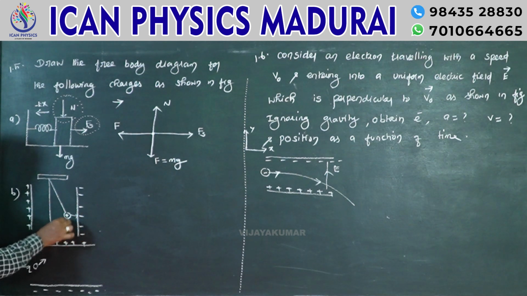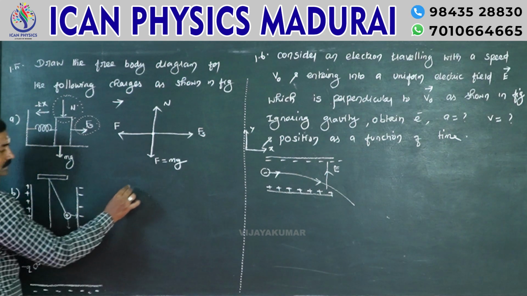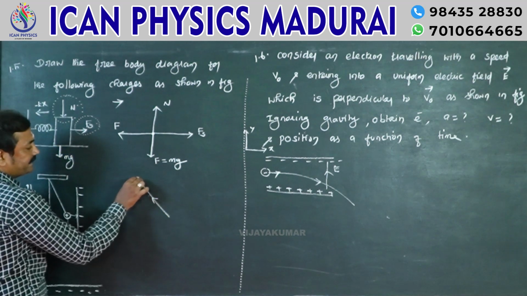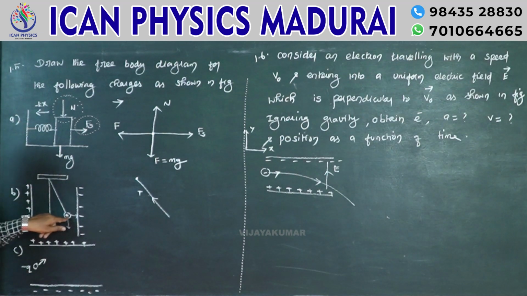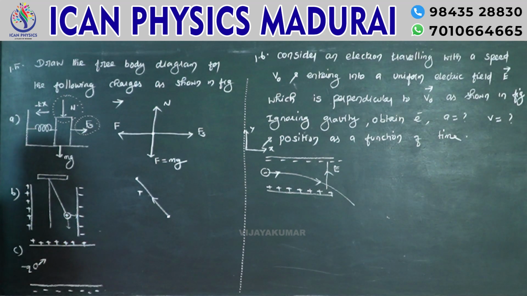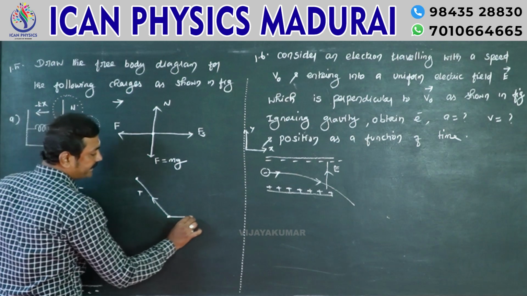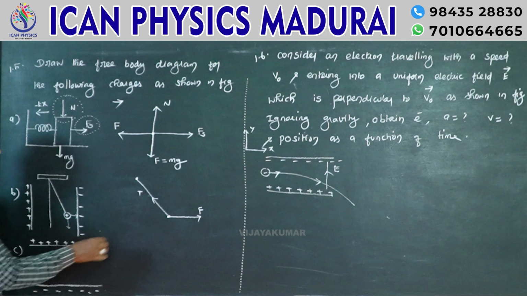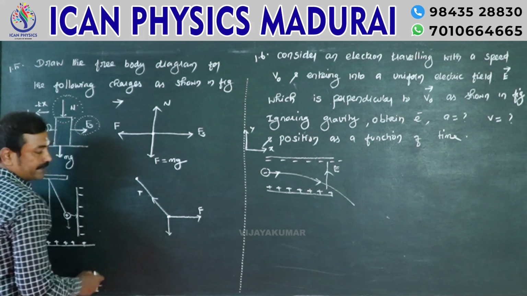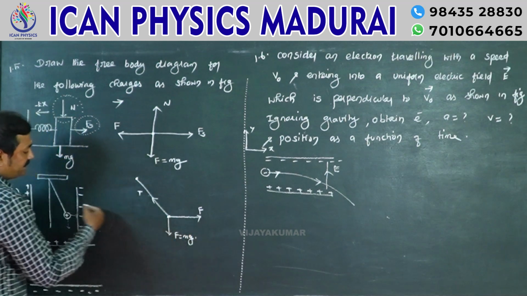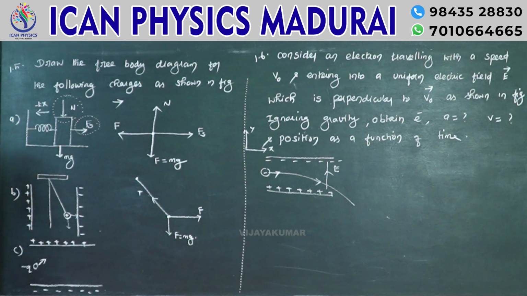Now this is the tension force, which is acting through that point, where the bob experiences an electrostatic force on the right-hand side. Then the force acting towards the earth is the weight, F equal to mg. And this is the free body diagram for the second one.